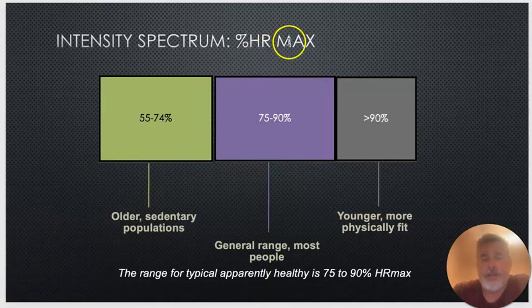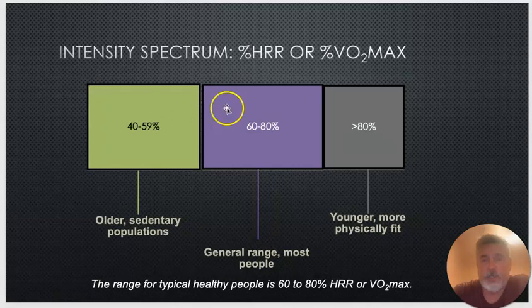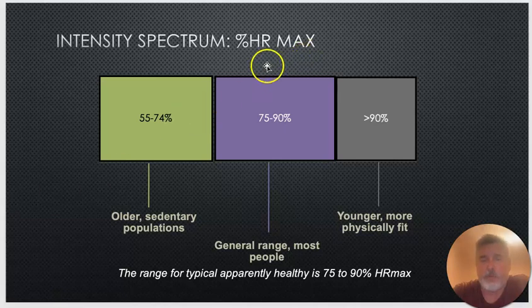When using heart rate max, notice we use heart rate reserve and VO2 max here. Now we're going to use heart rate max. When we're using heart rate max, in general, we're going to do 75 to 90%. For older sedentary population, we're going to do 55 to 74% as the recommended range. And then for younger, more fit, physically active individuals, it's going to be 90% or above.